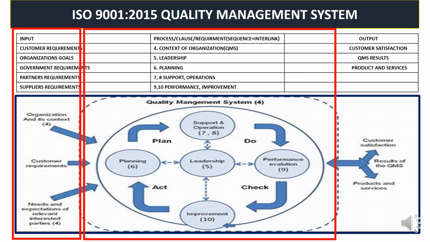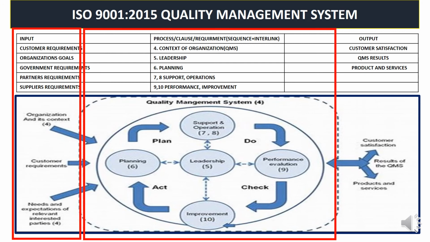Now the process here, we can call them the clauses or requirements of the ISO 9001:2015 system, which are nothing but the sequence and interlinks that we have to do with each other in the best way to get economical and best quality products for the organization. So we can see clause 4 here, which is partially a part of input and also part of the quality management system or the requirements.